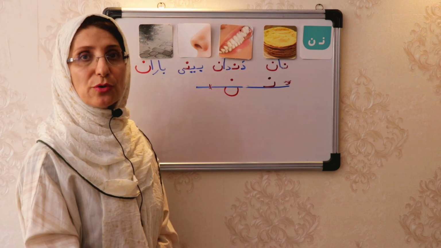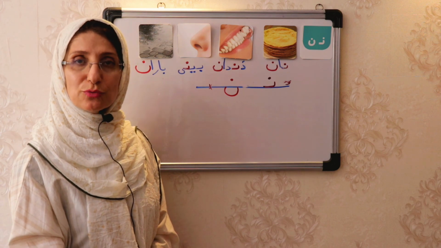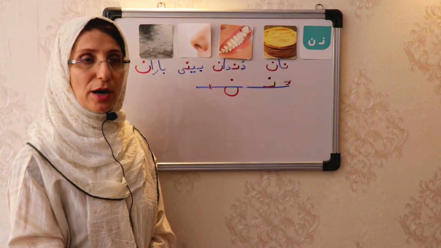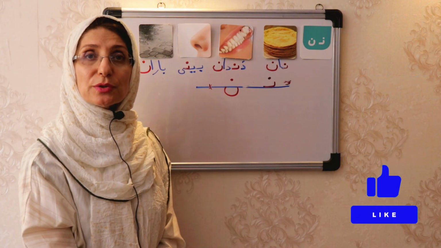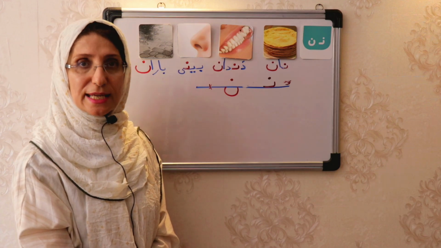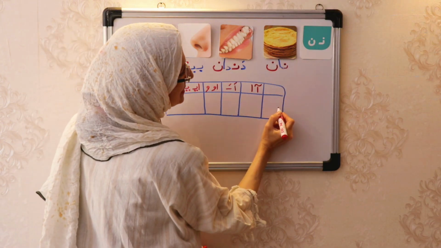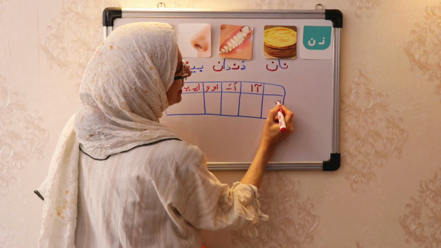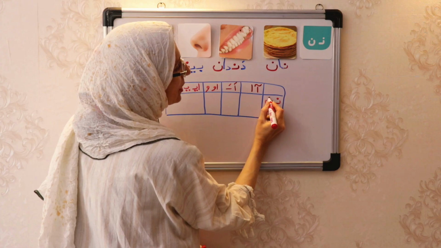Now let's go to the friendship table, جدول دوستی, in which we combine the ne sound with our vowels to see what words we have with ne awwal and ne akhar. Today's sounds are ne awwal, ne آخر.